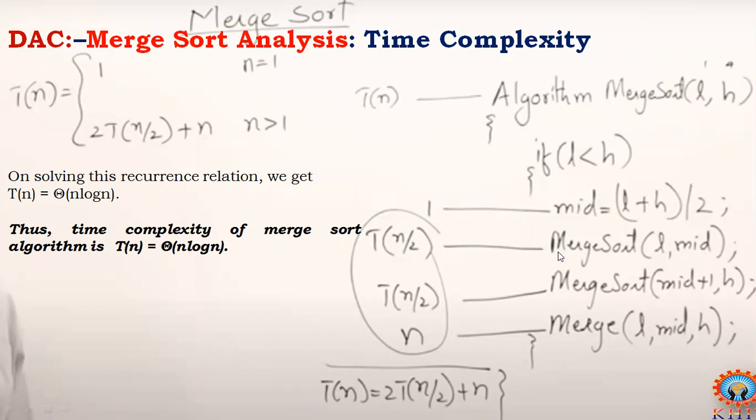So we need to apply sort, we need to sort the left side subarray elements. Once the elements are sorted, then we go for applying merge sort to the right side subarray. Once the left side and right side subarray elements are sorted, then we need to combine and conquer, that is, merge them.